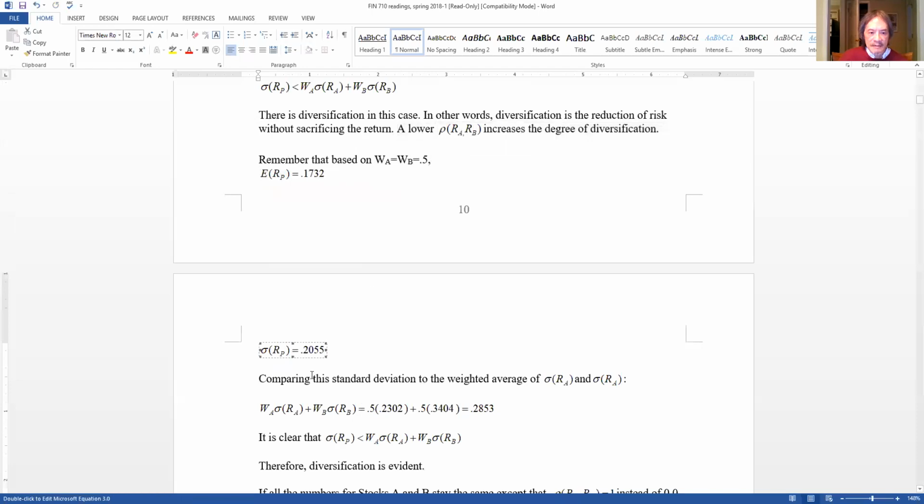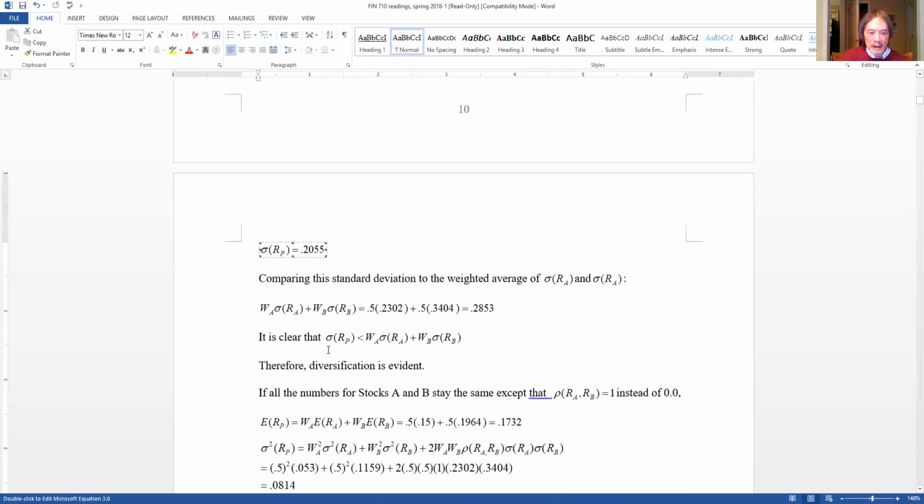These are from above, right? Then let's calculate the weighted average of the two individual standard deviations. Again, it's the weight for A times the standard deviation for A, plus the weight for B times the standard deviation for B, which turns out to be 0.2853.